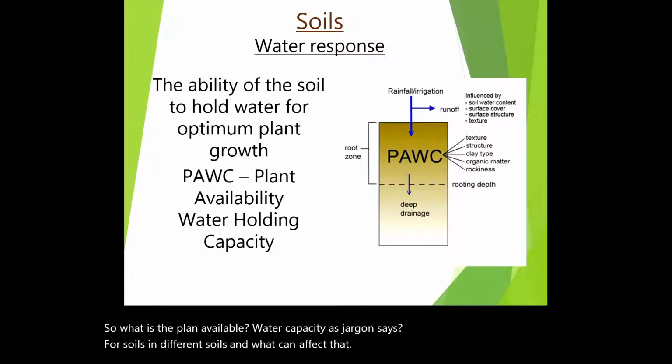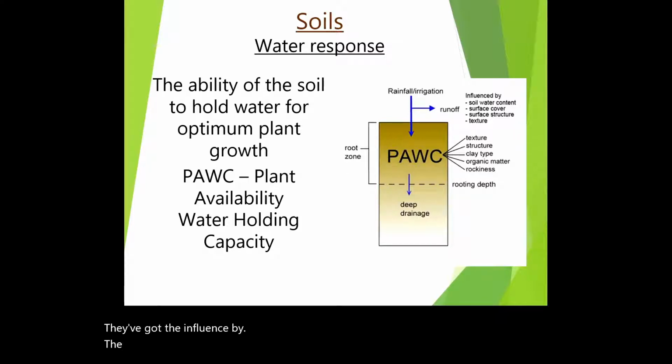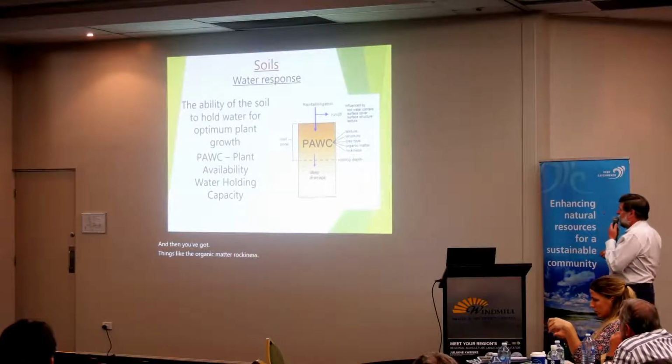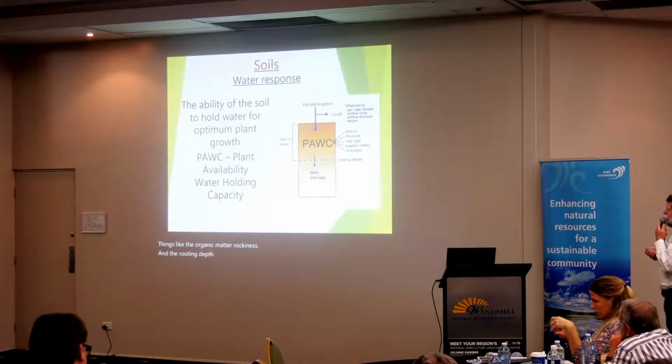You've got the influence by the content prior to water coming in, surface cover, surface structure, texture, and then you've got things like the organic matter, rockiness, and the rooting depth of your plant is an interesting thing to look at too, because most plants will only get down about a metre and a half tops if you're grass species.